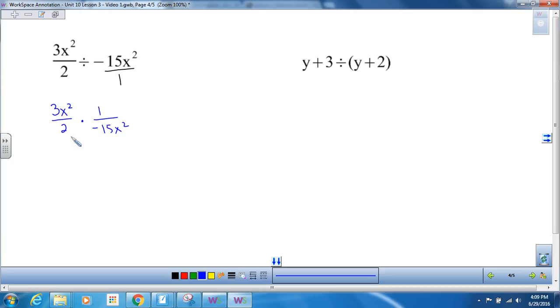None of these are expressions. I don't have a plus or minus, so I can't factor anything. I want to go right to canceling. All right, I can cancel my x squared. I can cancel 3, and then negative 15 becomes negative 5. And that is it. So on top I'm left with 1. And on the bottom I'm left with 2 times negative 5, which is negative 10.